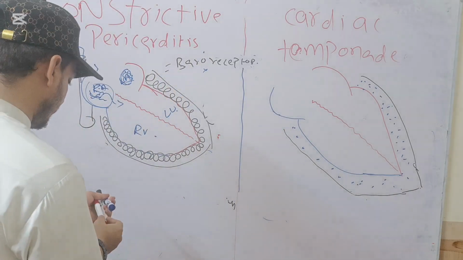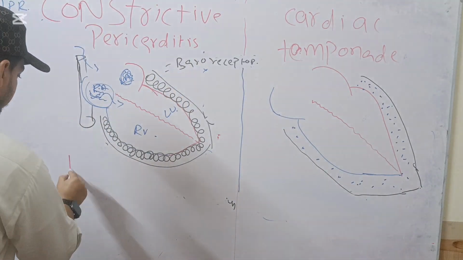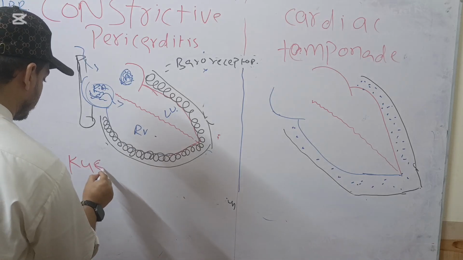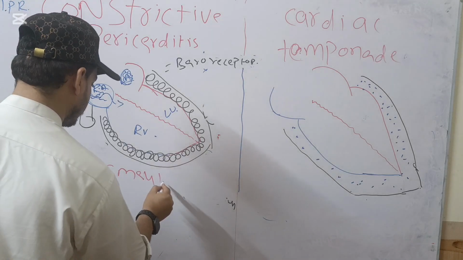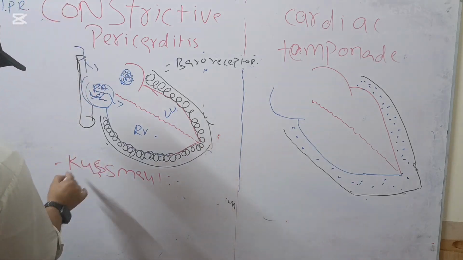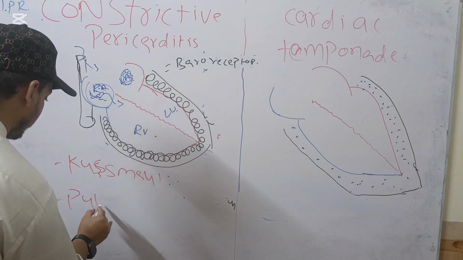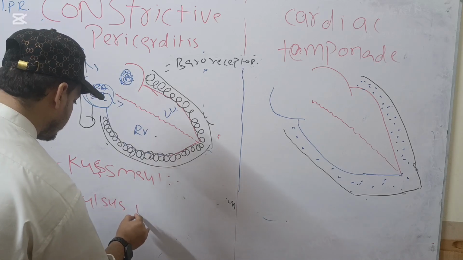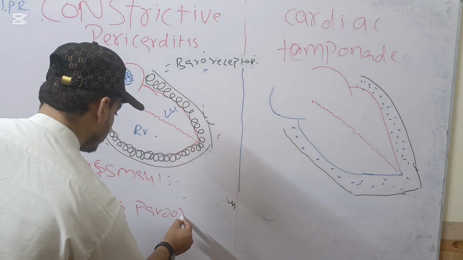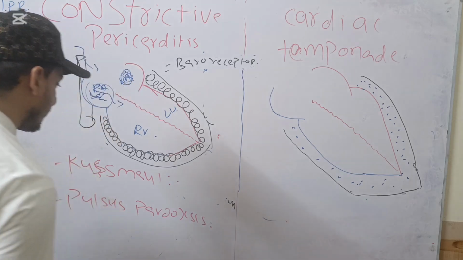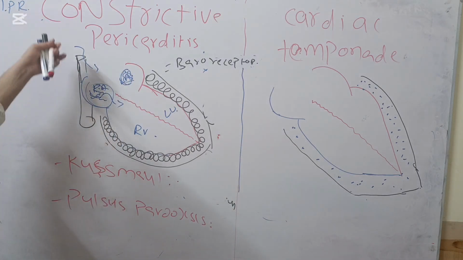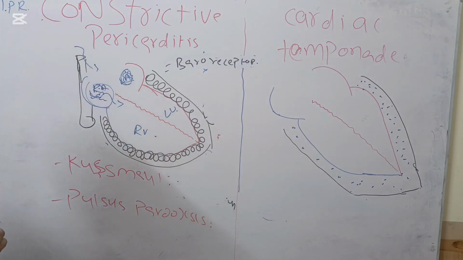Now Kussmaul sign and pulsus paradoxus. Kussmaul sign is more present in constrictive pericarditis.